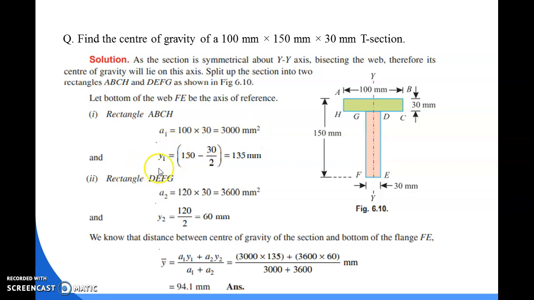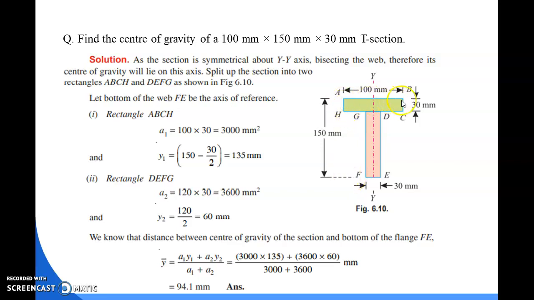Then y1. y1 is the centroid of the section with respect to the reference axis. In this case, the reference axis should be the bottom of the section. So we have to find out the centroid or the CG of this section with respect to this reference axis.